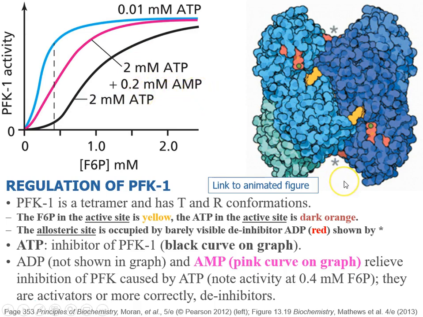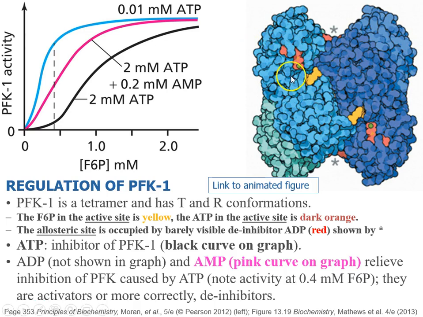This picture right here shows the tetramer of PFK1, and the artist drew the fructose 6-phosphate in yellow. We can't see all 4 of the binding sites. Again, this is a tetramer, so I can see one here and one here, and there are 2 other sites that aren't visible. But it's a tetramer, 4 subunits bind 4 molecules of substrate.